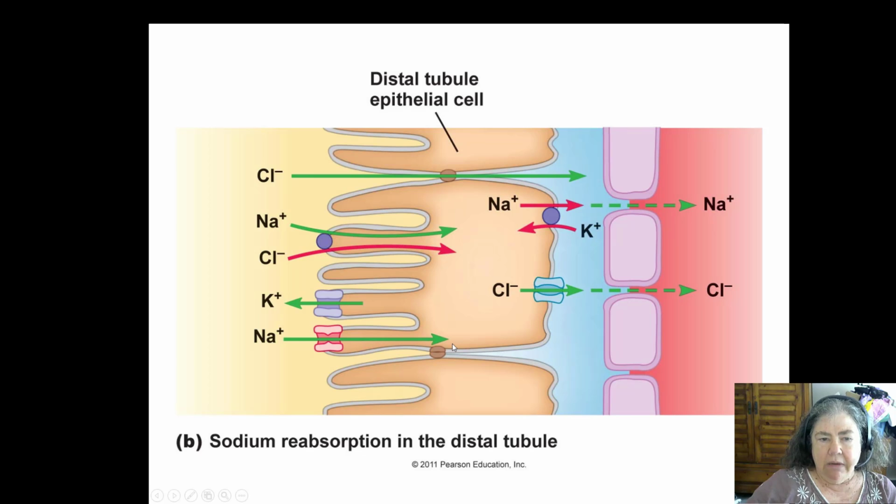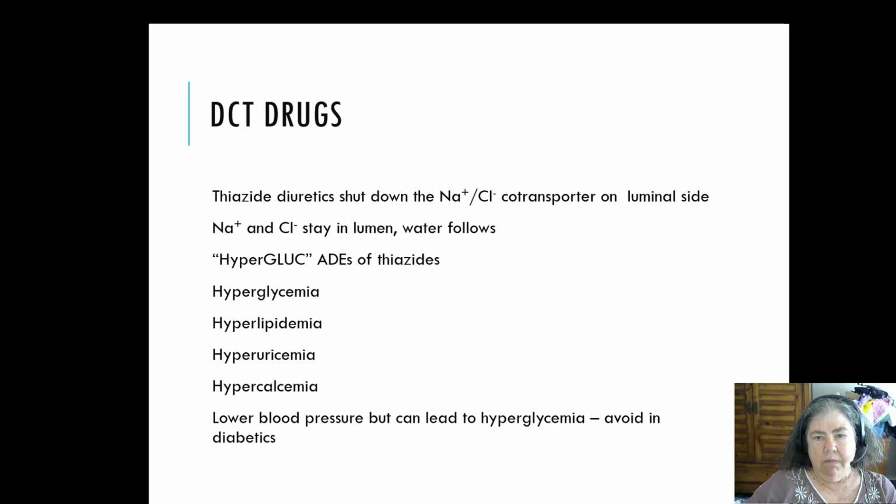So sodium in and potassium out, each down their concentration gradients. There is some paracellular movement of chloride. There is a transporter that uses the concentration gradient of sodium to move chloride through the cell. And so in the distal convoluted tubule, we have additional sodium reabsorption where we end up with more sodium back in the bloodstream, the extracellular fluid compartment.